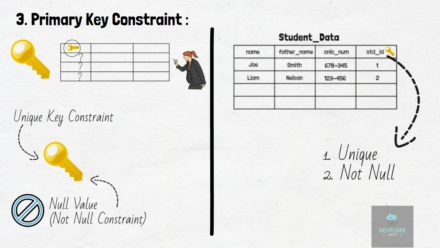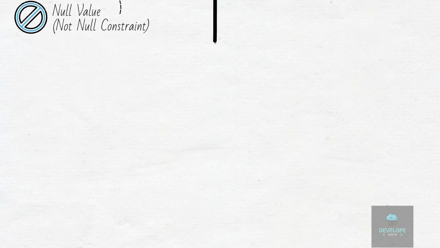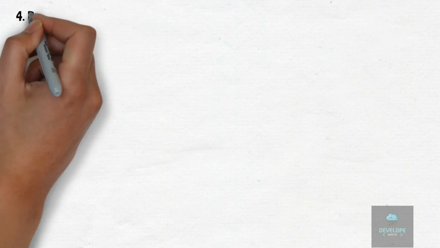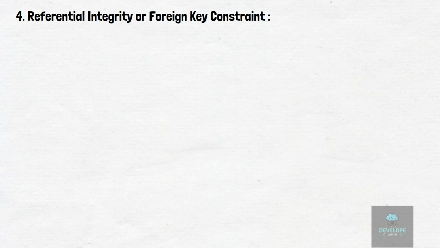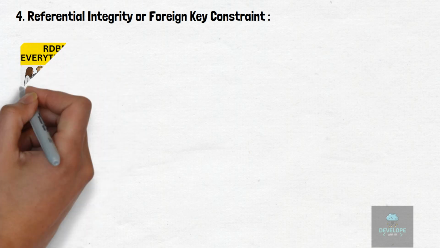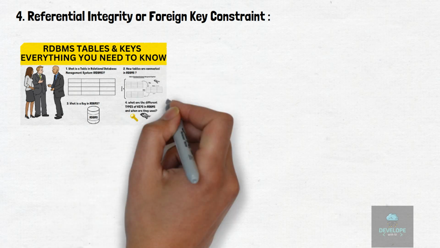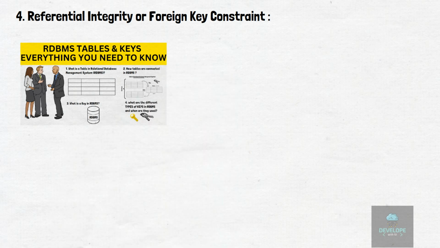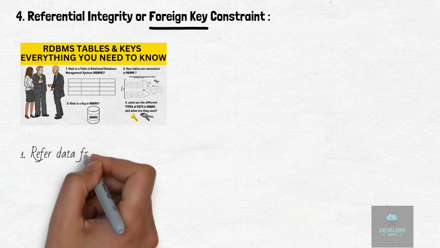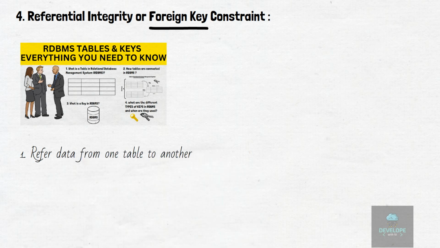Now, if we are clear about the first three types of constraints, let's move towards the fourth type, which is referential integrity or foreign key constraint. If you have seen our previous lecture on types of keys in DBMS, where we discussed foreign key in detail, you would know that foreign keys are used to refer the data from some other table to our table, and it is used to connect the tables together.